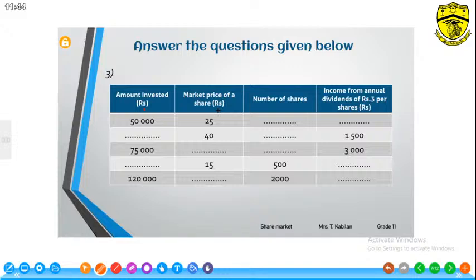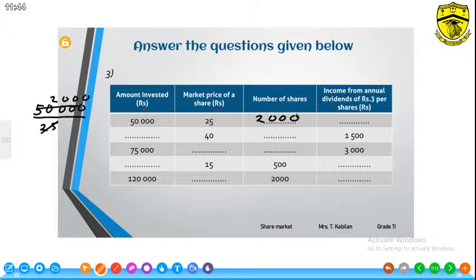Okay, how do we find the number of shares? Divide the amount invested by 25, right? Divide the amount invested, that is 50,000, by 25. You will obtain the answer for the number of shares, right? So 25 2 times 50, so 2000 is the number of shares, right?